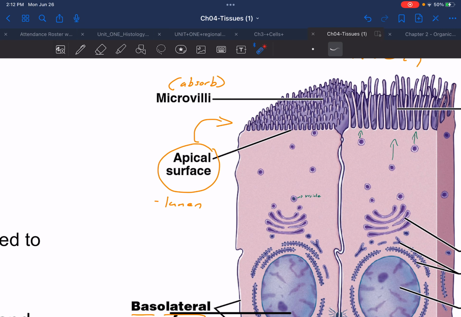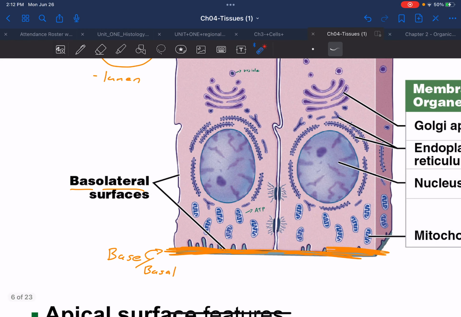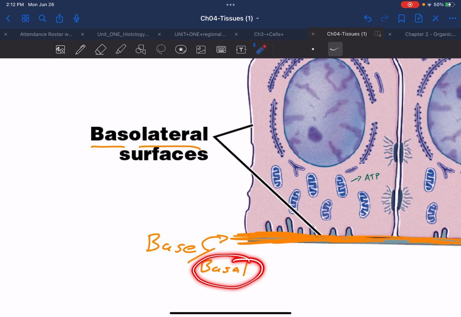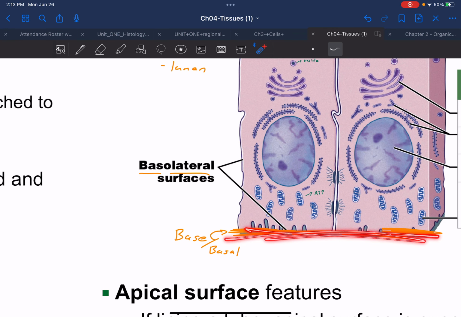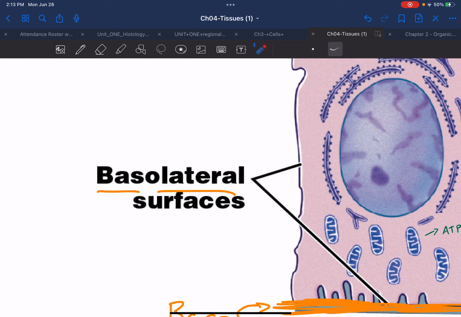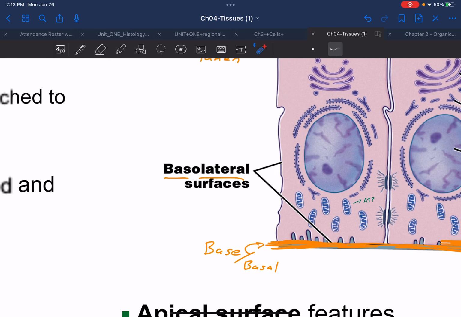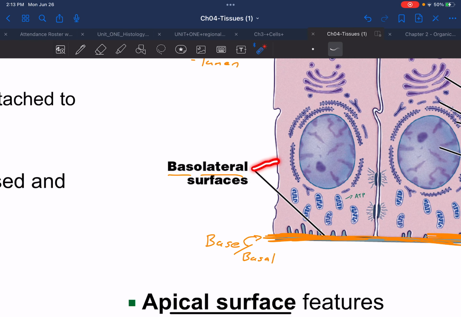So with that, this side is our apical side. And then we have our basal side. I've only taught you basal side. Basal implies the bottom side. This word is a combination of two things that you already know, basal and lateral, meaning the bottom and the side. You can see the arrows, one goes to the side, one is going all the way to the bottom.